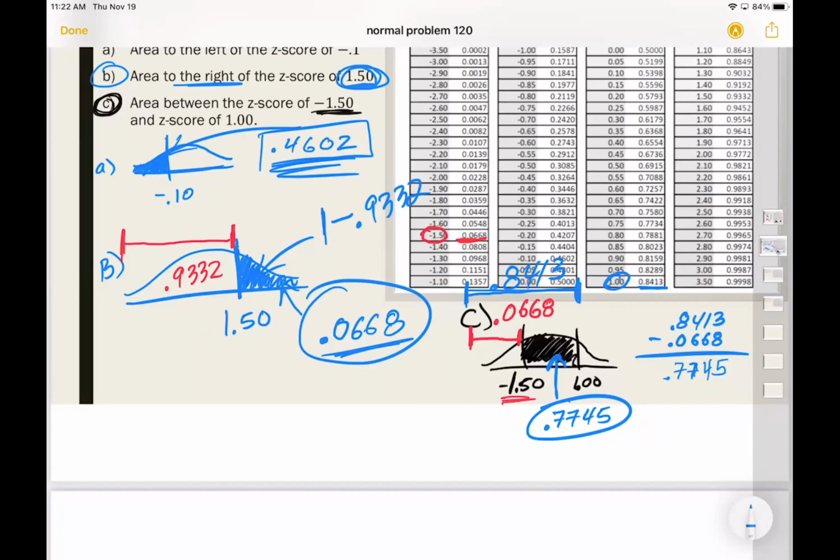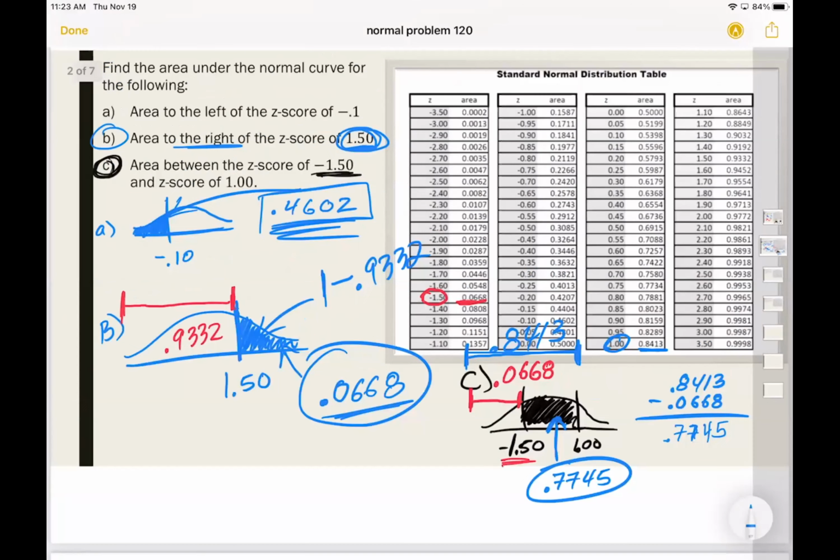So that is the question of how to find the area to the left, the area to the right, and the area in between. And this is all there is, ladies and gentlemen, to using this standard normal distribution table to find the area, or the probability.